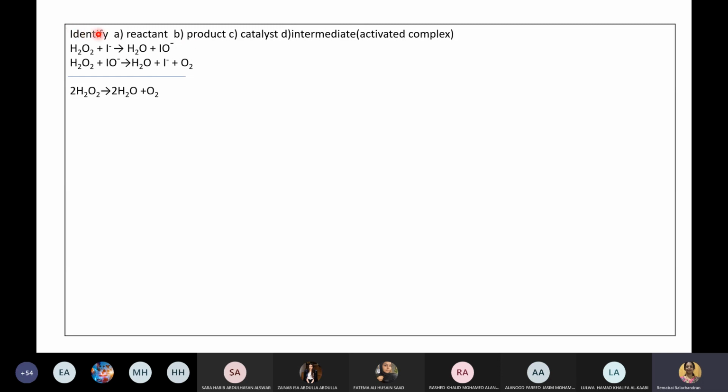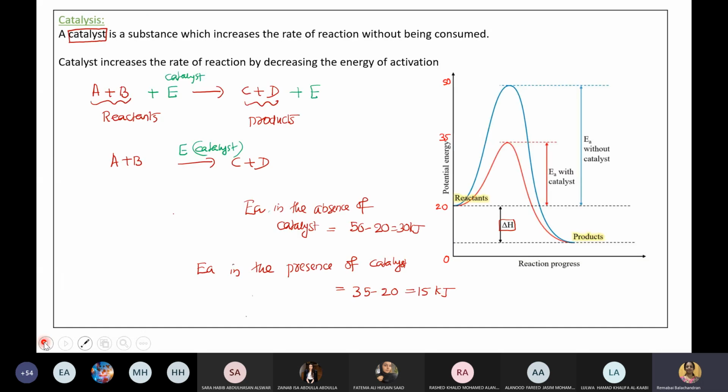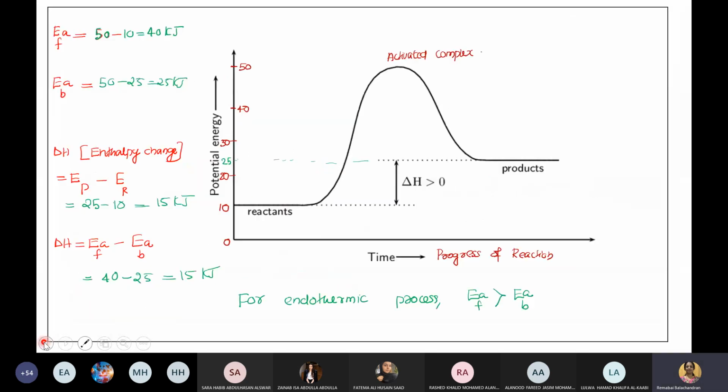According to this question, you need to identify the reactant, product, catalyst, and the activated complex. Do you remember the activated complex I told you before? Reactants, products, and you get an activated complex, the intermediate.